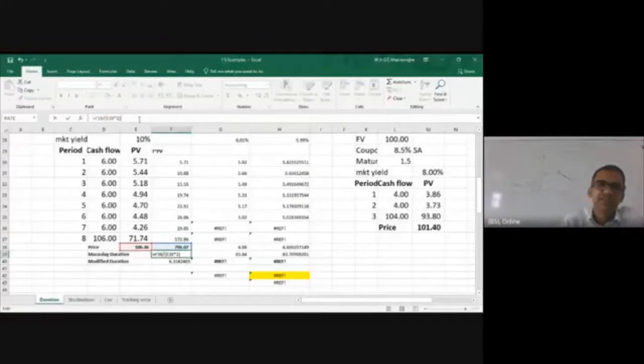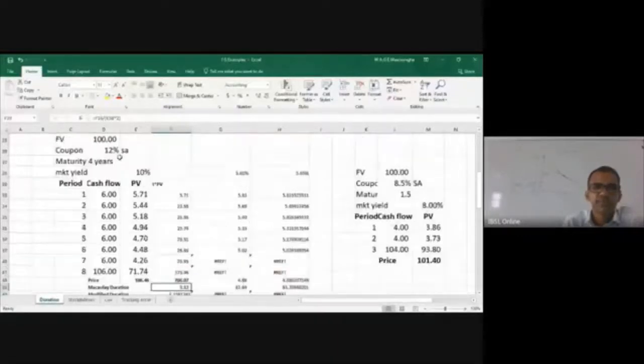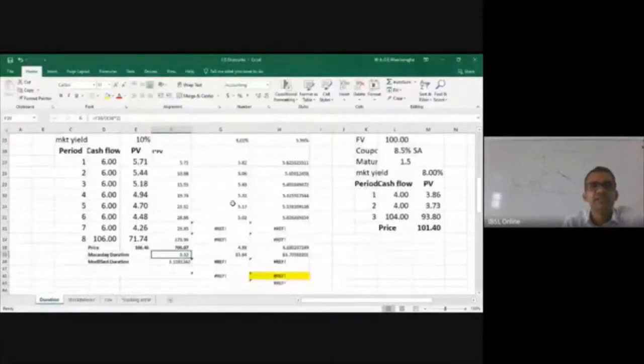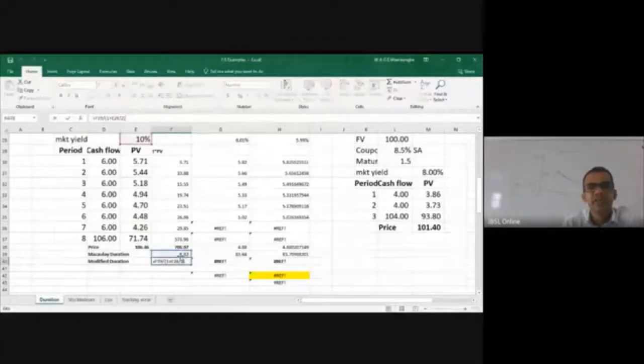Now you can see Macaulay duration comes as 3.32, which is less than 4. Then the modified duration, again, is Macaulay duration divided by 1 plus yield divided by the frequency.